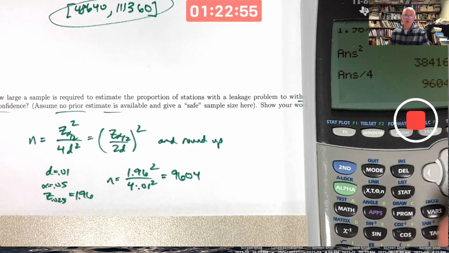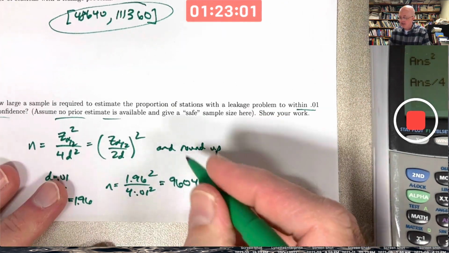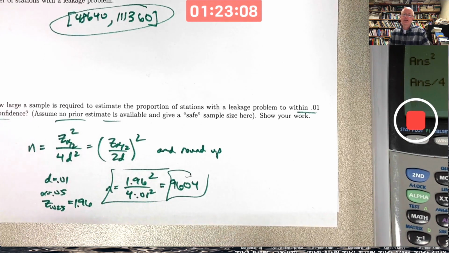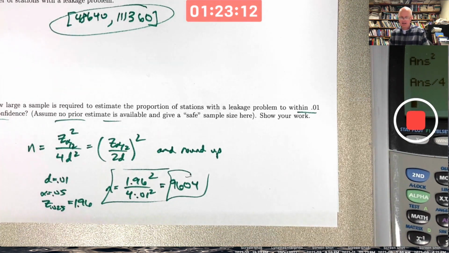If it was not a whole number, if it was 9604.1, round up to 9605, even though it's not a real big deal. But about 9600 is what it is. To get full credit, though, I'm saying round up to the next highest whole number.